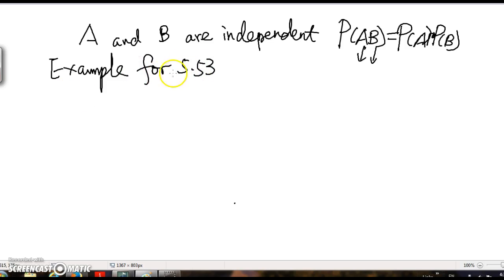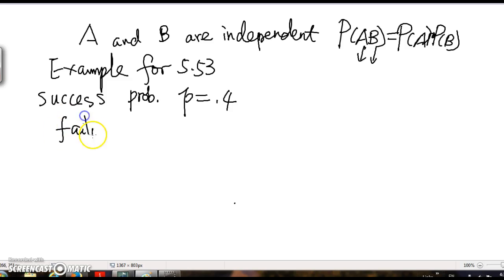I'm going to change the success probability to 0.4, which means the failure probability is 1 minus P equals 0.6.